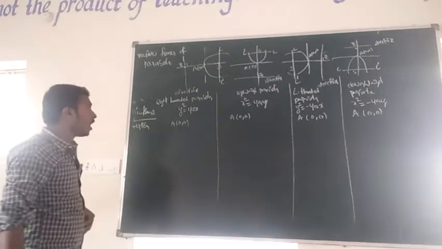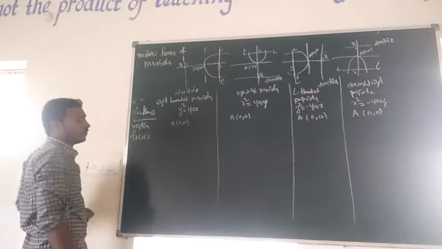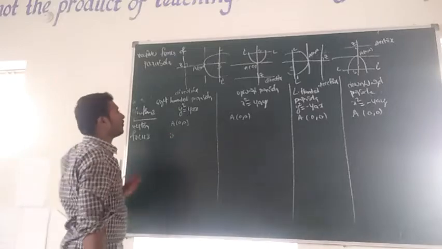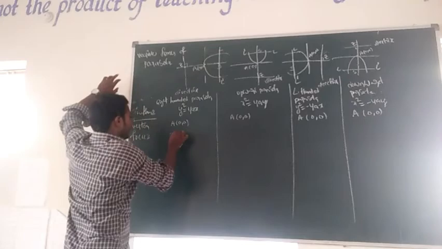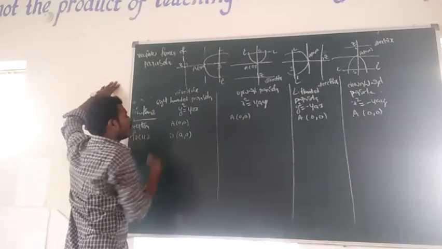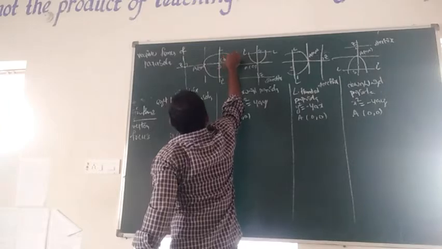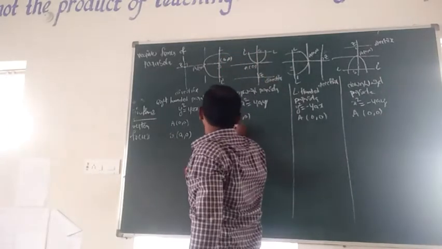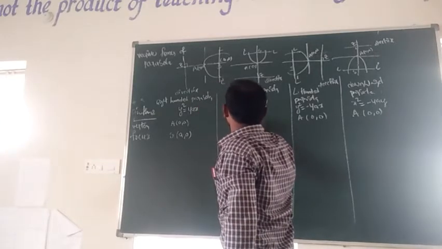Now after getting the vertex we may take the focus. Here the focus lies on the x-axis, that is a comma 0. The focus lies on the y-axis, so that is S of 0 comma a.